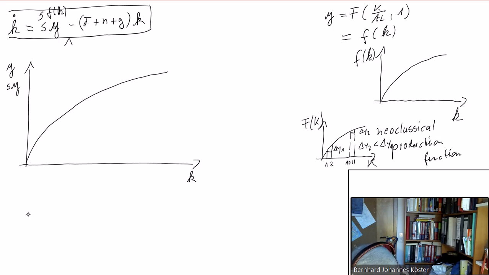So this is f of K, equals Y of K. Well, then if S, our savings rate, is constant and S is of course smaller than 1, we do not save 100% of our income. Relative to f of k, how does S times f of k look like? Multiplying f of k with a number smaller than 1.